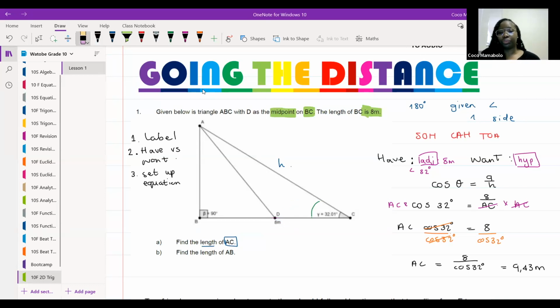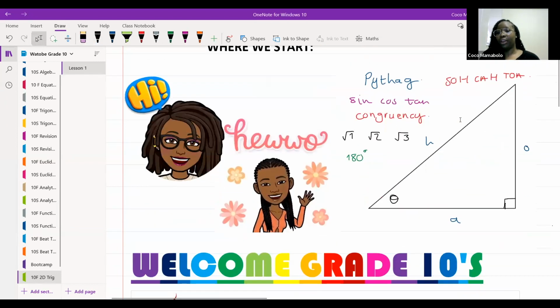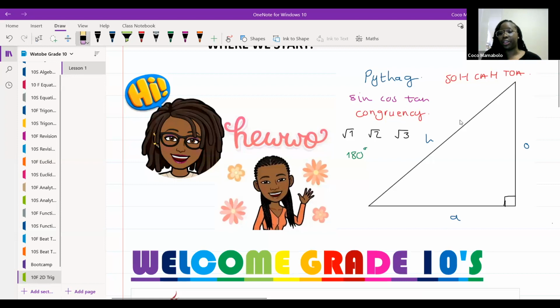If I have my angle over here, let me go back up actually. Let me use this triangle over here. If this is my angle theta, the guy right next door, the one right next to my angle, that is always my adjacent side.